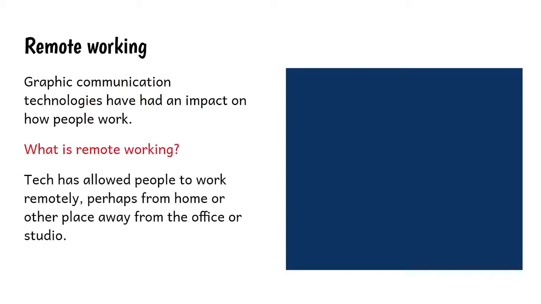Well, this technology, this fact that we are now bound to computers and telephones and things like that, has allowed people to work in their own homes. So it's allowed people to work apart from perhaps the rest of their colleagues or their clients or the studio that employs them. In other words, remote working is the opposite to everybody being in the one office, all working together.